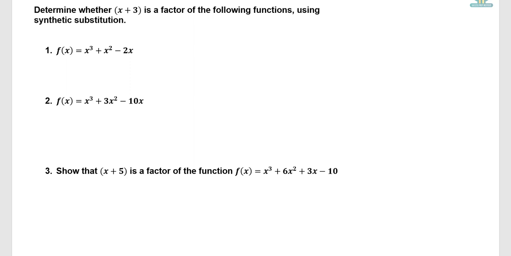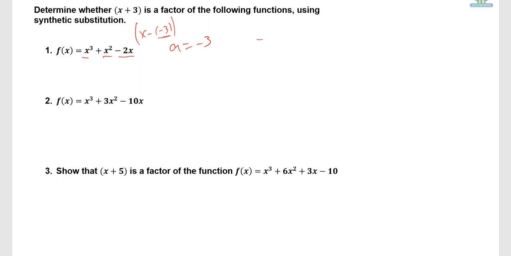It's something that you don't see too often unless you practice it. The more you do of it, the more fresh in your mind it will be. So let's apply it here. f of x equals x cubed plus x squared minus 2x. So my a is negative 3, remember, because I need the form x minus a, so I need x minus negative 3.